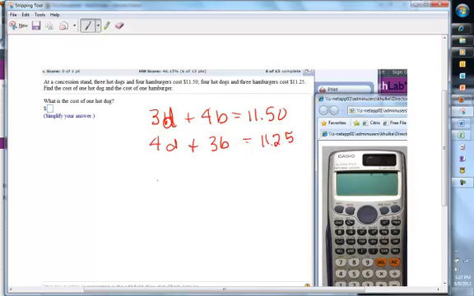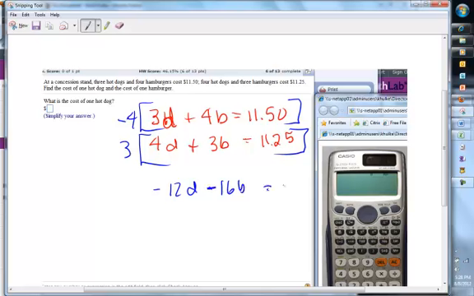All right. You can solve this by multiplying the top equation by negative 4 and the bottom equation by 3. Top equation becomes negative 12D minus 16B equals 11.5 times 4 is $46. 12D plus 9B is 11.25 times 3 is 33.75.